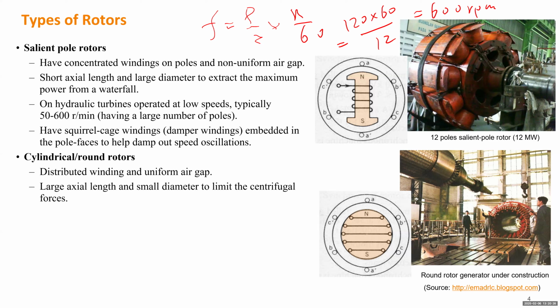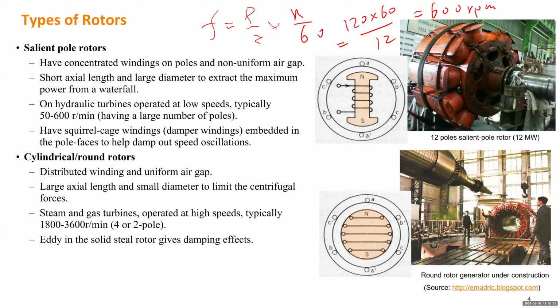The air gap is almost evenly distributed within the stator. So they can operate at a much higher speed because they only have 2 poles or 4 poles. Speed can be 1800 revolutions per minute if you have 4 poles, 2N and 2S, or 3600 revolutions per minute if you only have 2 poles.